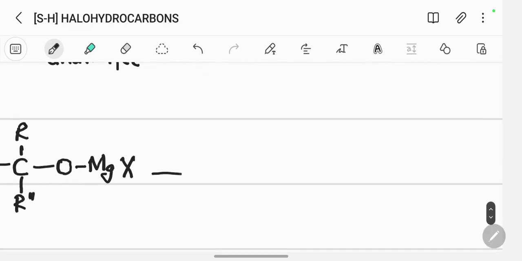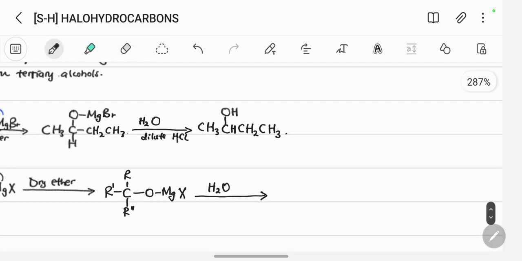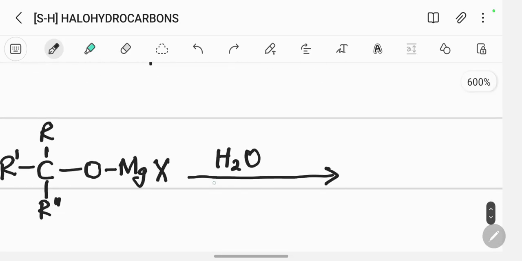Now what is essential, or what is the difference? The difference between all these reactions is that here we're using dilute HCl, but we no longer use dilute HCl in formation of tertiary alcohols. We use water and ammonium chloride.